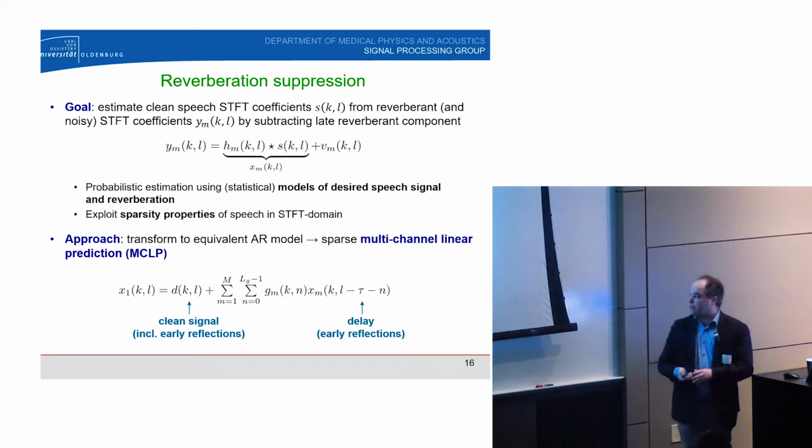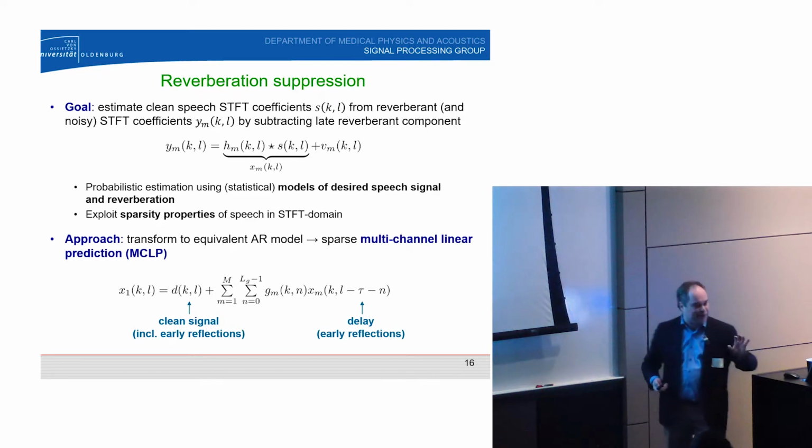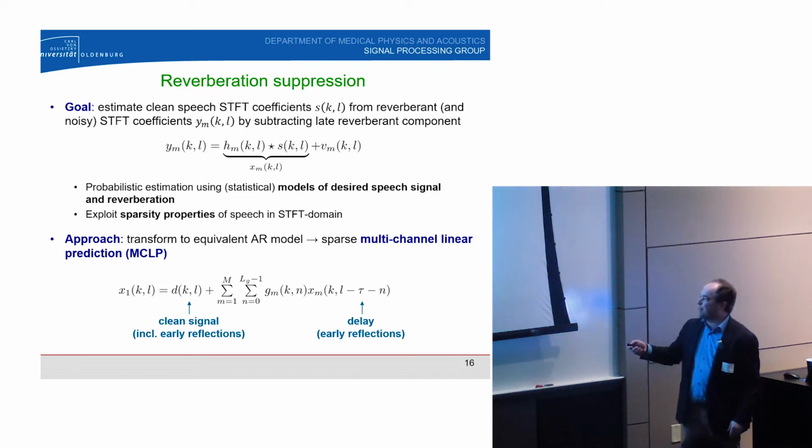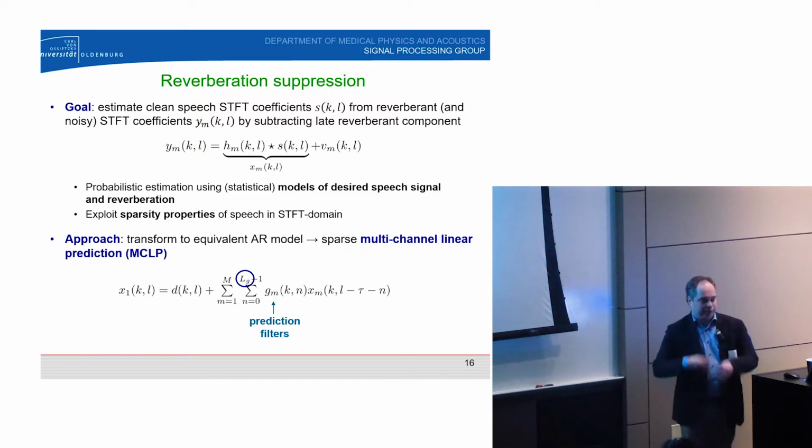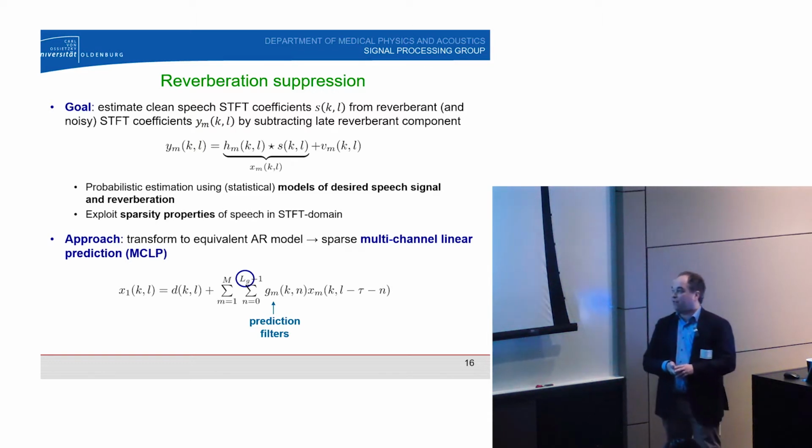That's basically what it does, and there are some important details. These delays, for example, are there in order not to pre-whiten the signal too much, and these prediction filters have a certain length LG, which depends on the acoustical environment.